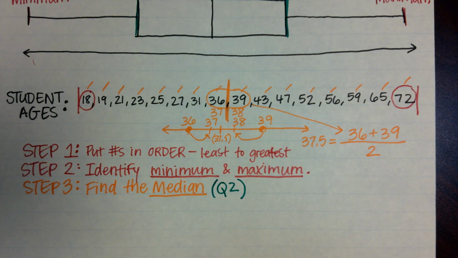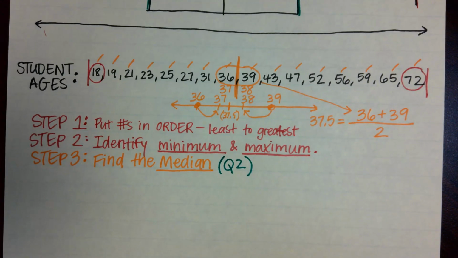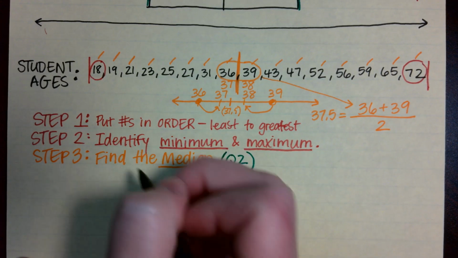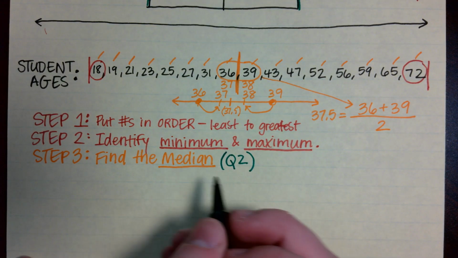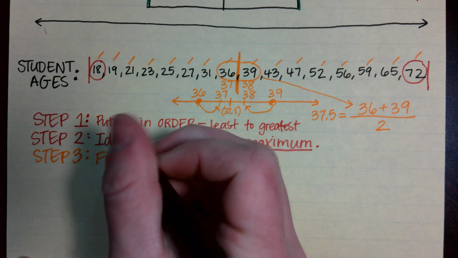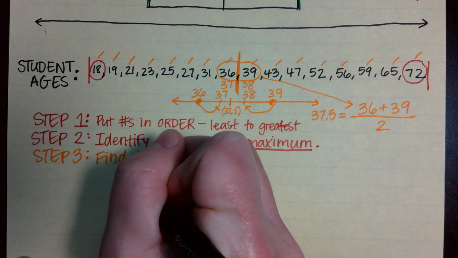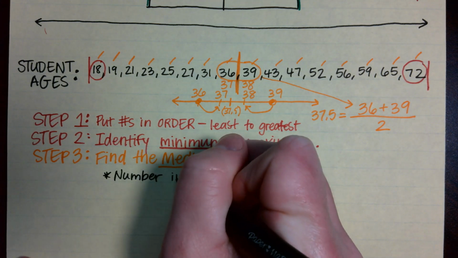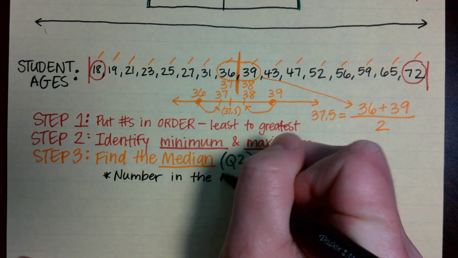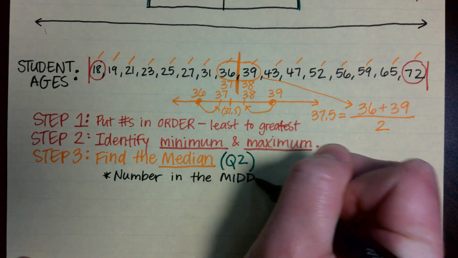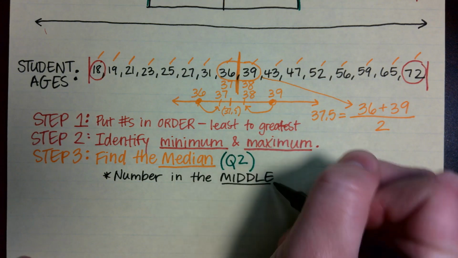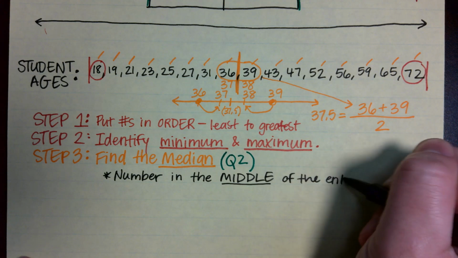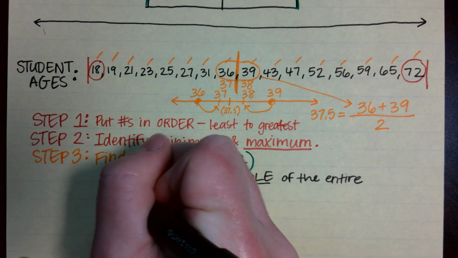Okay, so let's make a note under step 3 so that we're not looking back at these later and we're confused. So the median is the number in the middle of the entire data set.